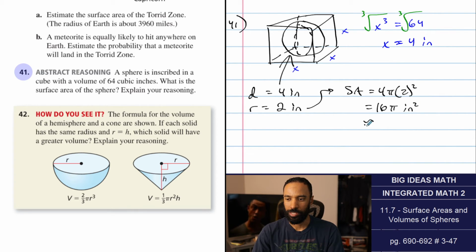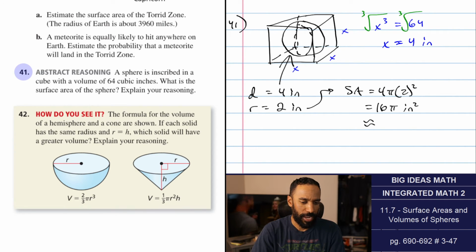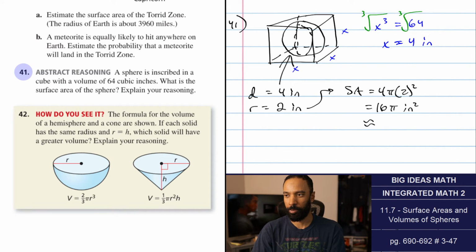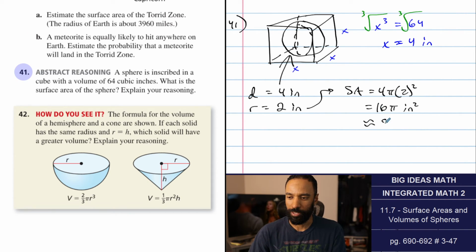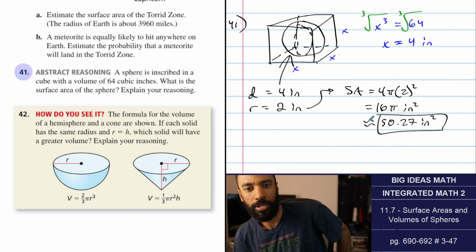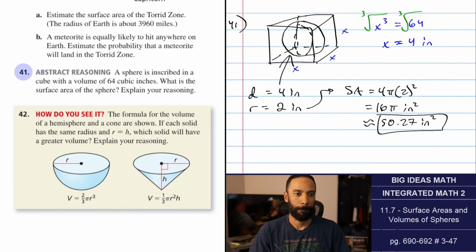What was it? I don't remember, so I got to calculate it. 49 point something. 16 pi. That was a couple of hours ago. 50.27 square inches. Unless they want to do it in terms of pi. That's what we're going to get. My justification is based off my math.